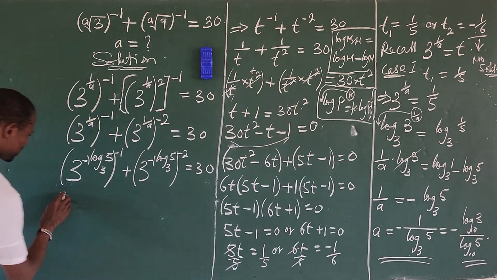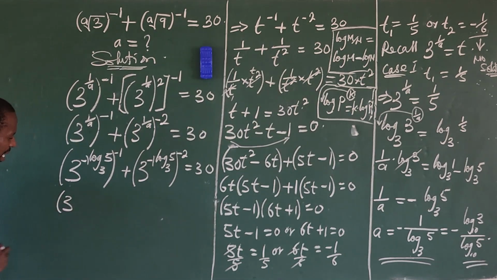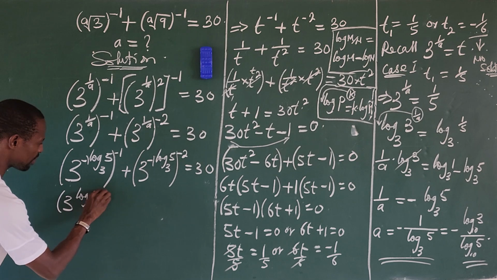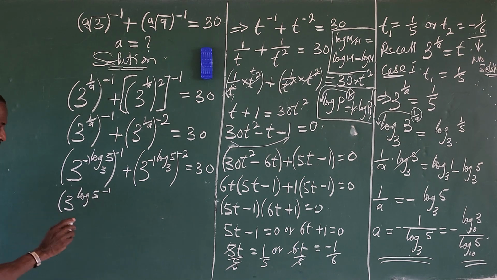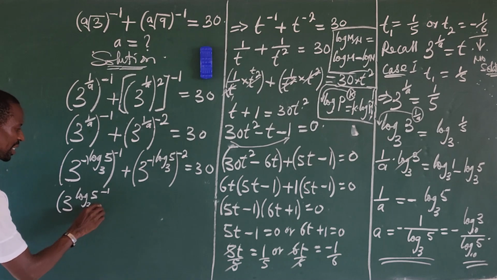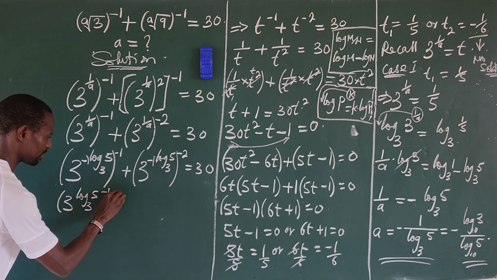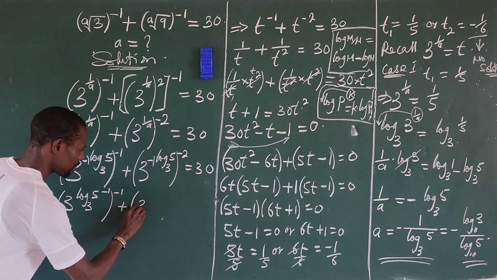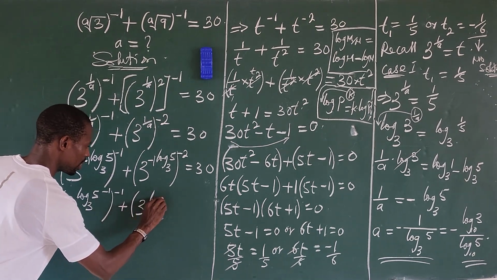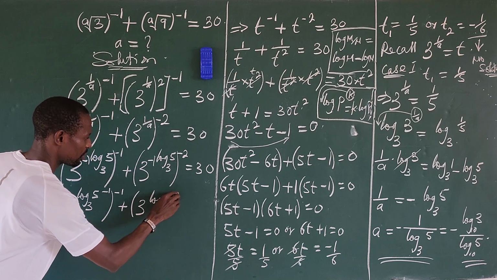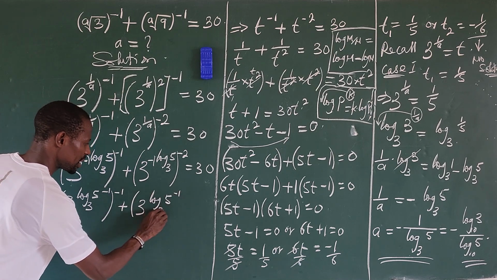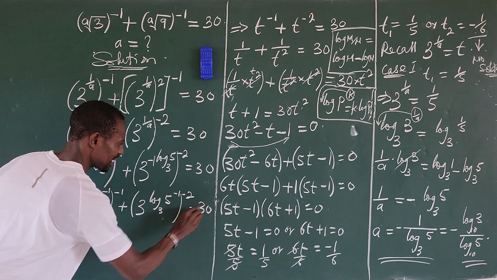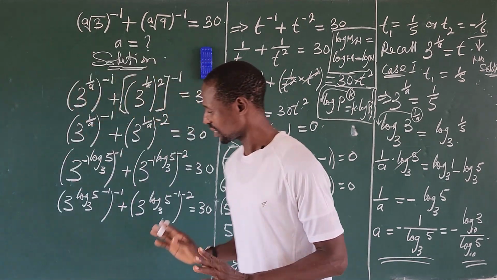So rewriting this gives us minus, a bracket of 3 to the power of log 5 to the power of minus 1 base 3, close bracket to minus 1, plus, we do the same here, bracket open 3 to the power of log 5 to the power of minus 1 base 3, close bracket, to minus 2, equal to 30. Just watch out for the manipulation.